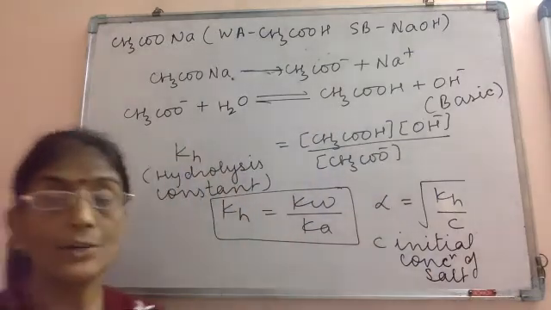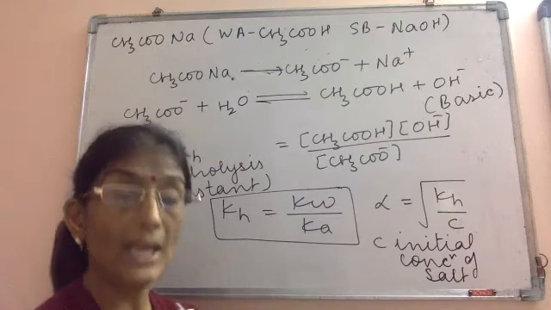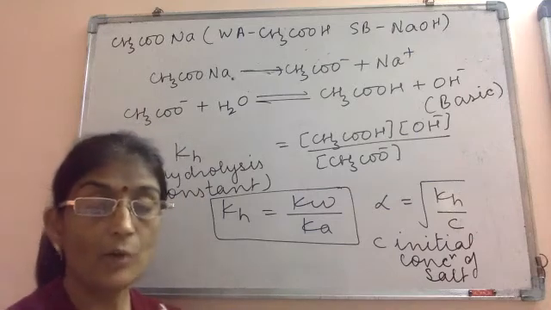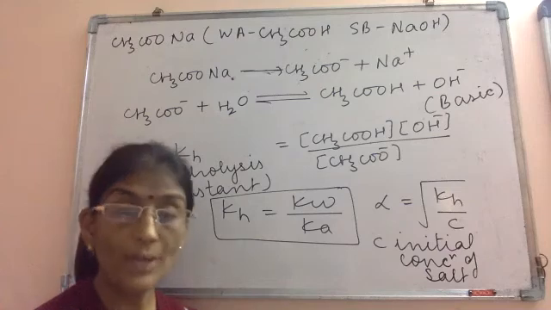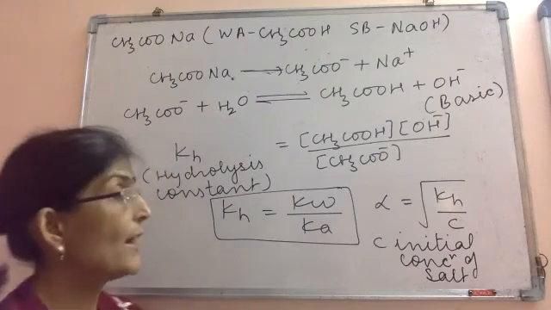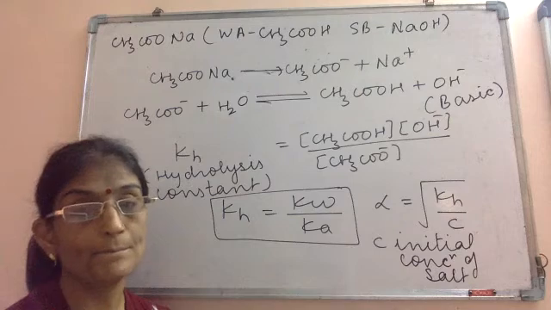Alpha is under root of KH by C. Just as alpha is under root of Ka upon C for acid, and for base alpha equals root of Kb by C. So for salt, the degree of hydrolysis alpha is under root of KH upon C.